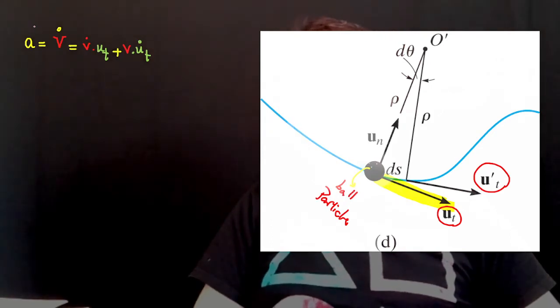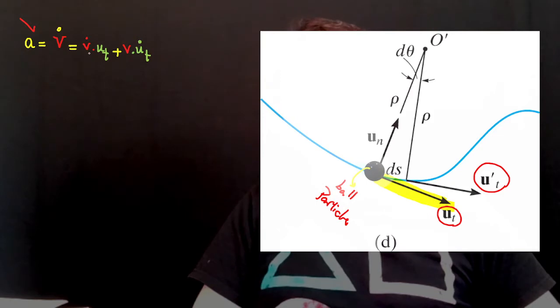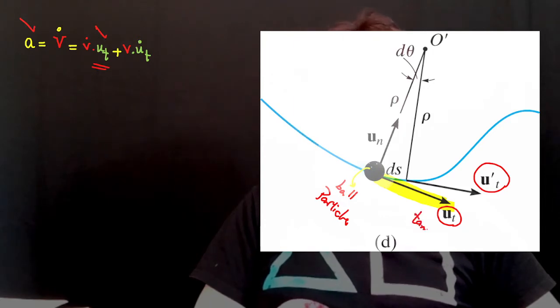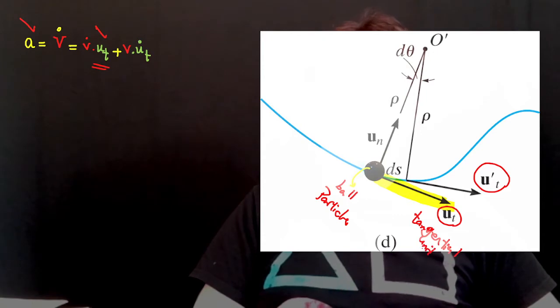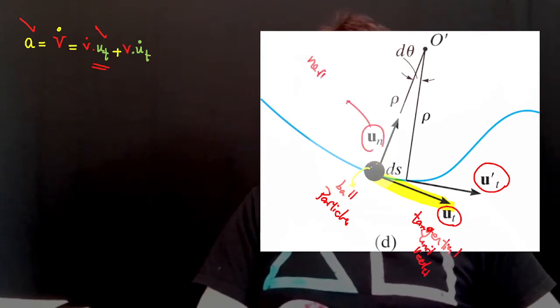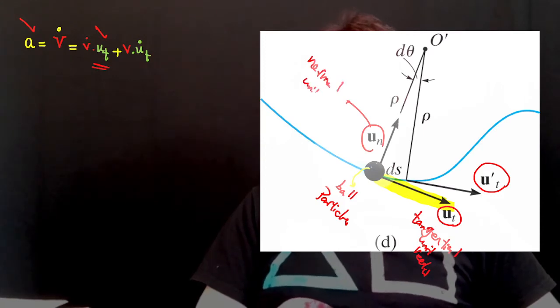So let's focus on acceleration. It's v dot times u_t, the tangential unit vector, plus v times u dot t, and there is also the normal unit vector.